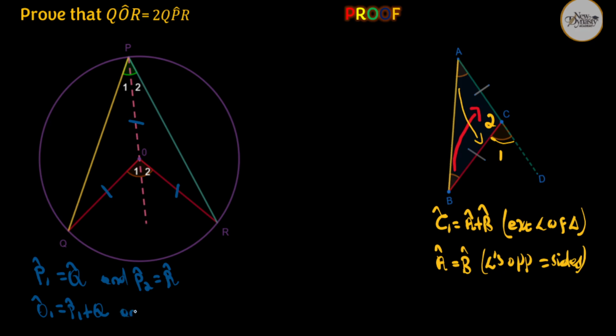And also, we can see on the other triangle that angle O2 is going to be equal to P2 plus angle R. This is what we are deducing from what we know about the theorems or the properties of triangles. But nonetheless, let us go and prove this.